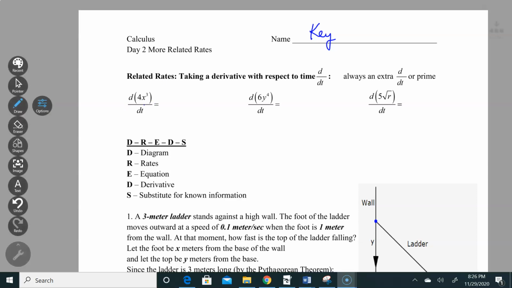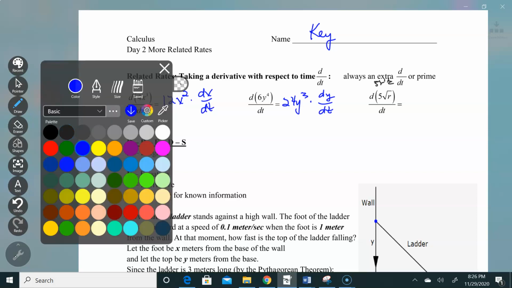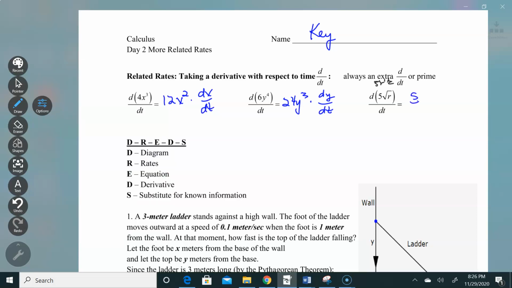So when I take this derivative, because it's a d/dt, I always have an extra little thing at the end. So this is going to be 12x squared times dx over dt, 24y to the third times dy over dt. And if I rewrite this guy as 5r to the half, its derivative is 5 over 2r to the negative 1/2 times the dr over dt.